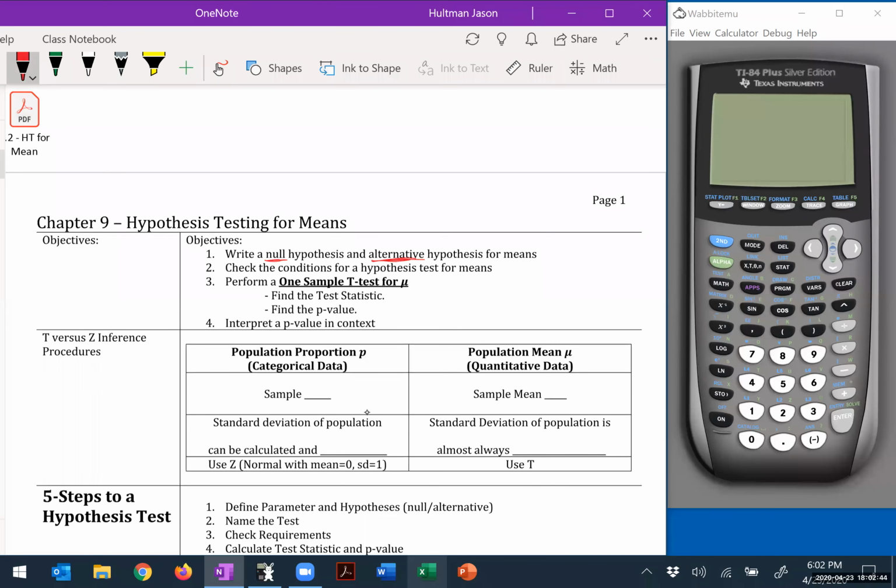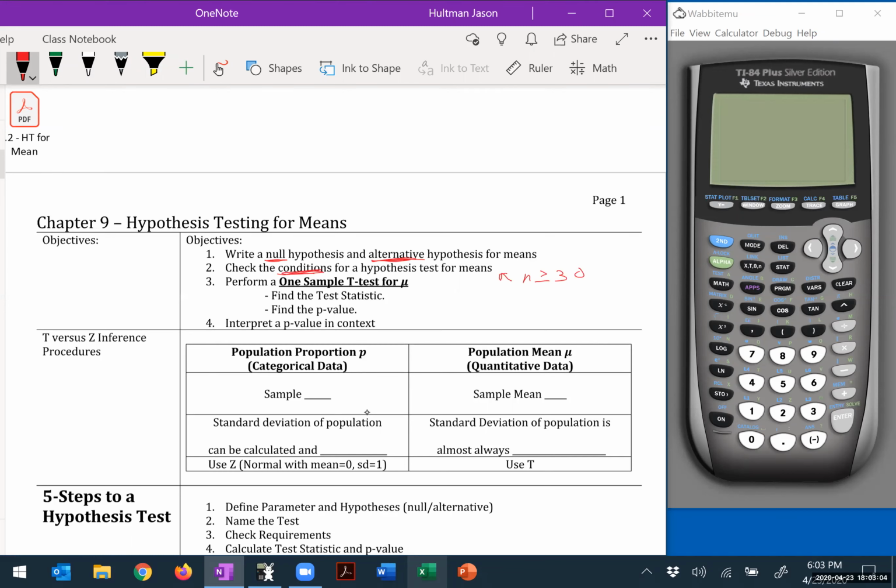This is going to be the same conditions that we had for the confidence interval for means. The condition is my sample size, greater than or equal to 30. Is it a large enough sample?